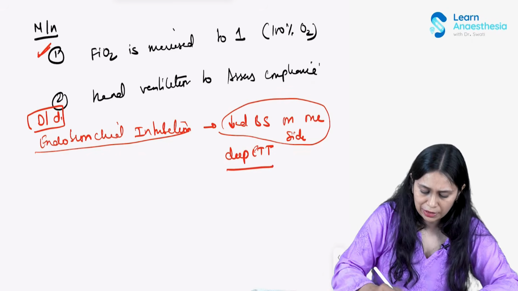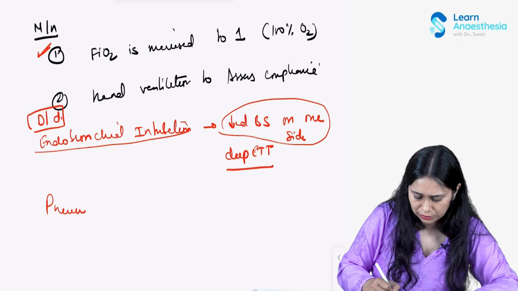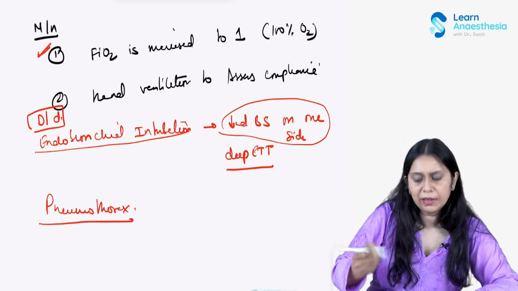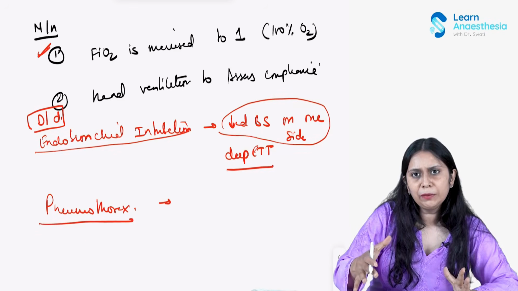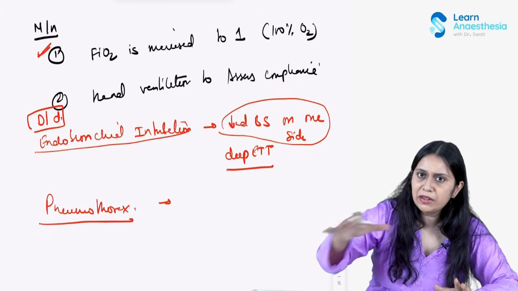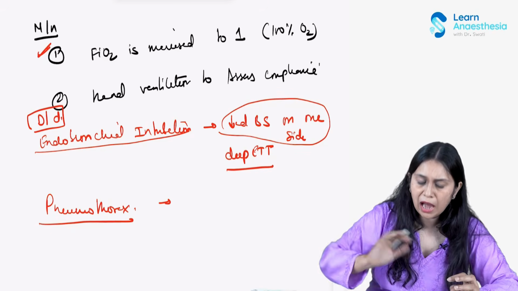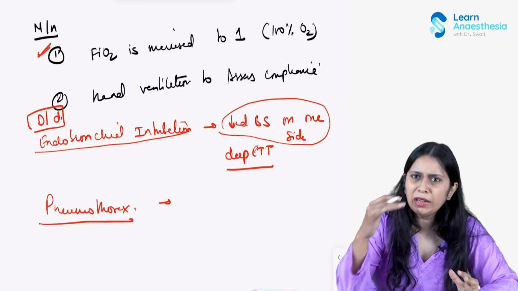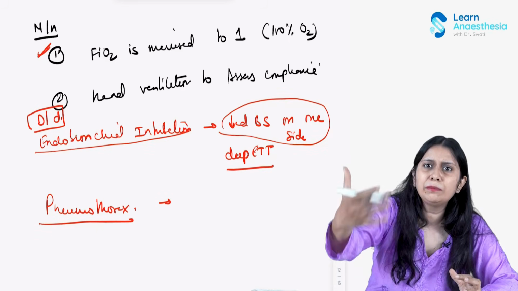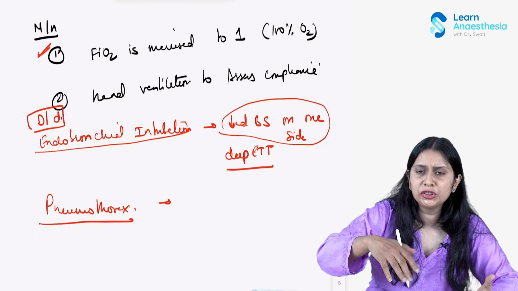Then pneumothorax. The second DD is pneumothorax. So pneumothorax, how would it present intraop? Again, it's unilateral pneumothorax, so decreased unilateral breath sound, asymmetrical chest rise, very high peak inspiratory pressure, and correlate with the clinical scenario. Something happened just prior, that the patient developed these clinical features, right?